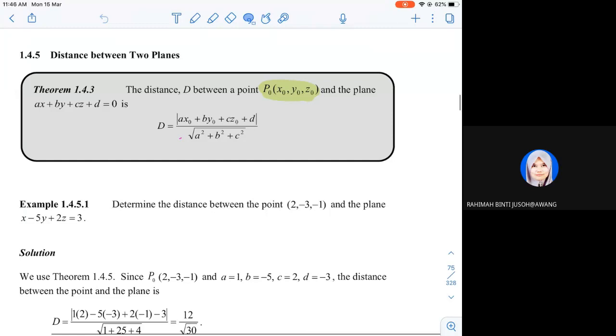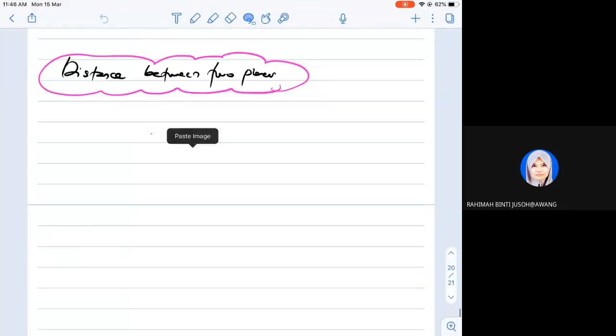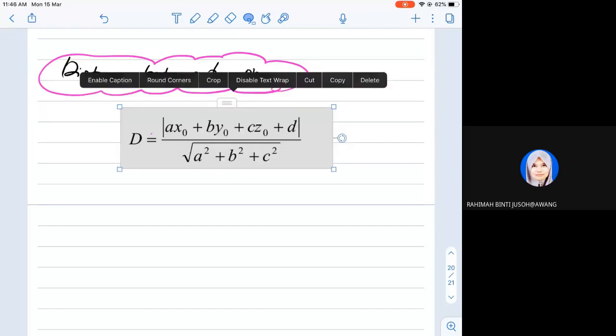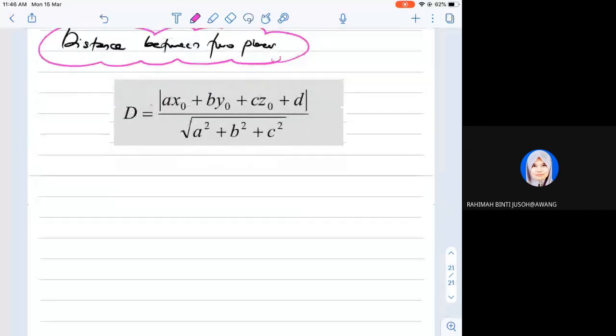Kalau soalan tu dibagi point dengan equation of plane, sangat senang lah, direct je guna formula. Okay, what if the question like this?